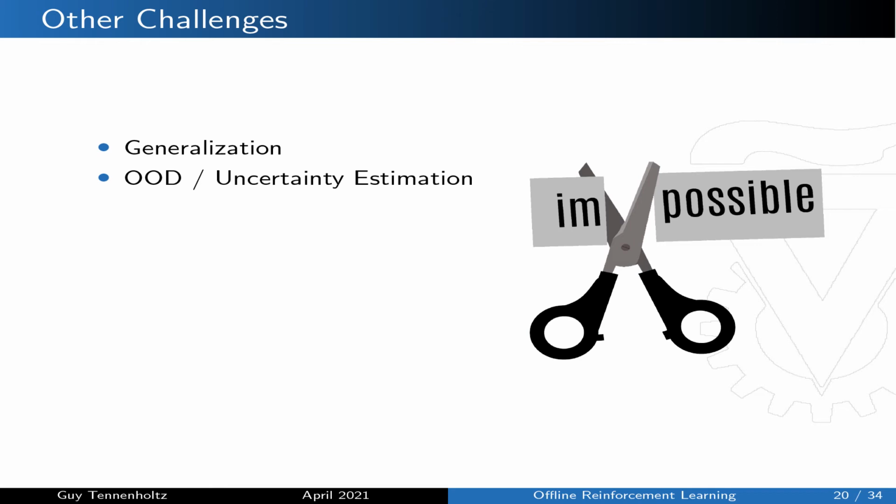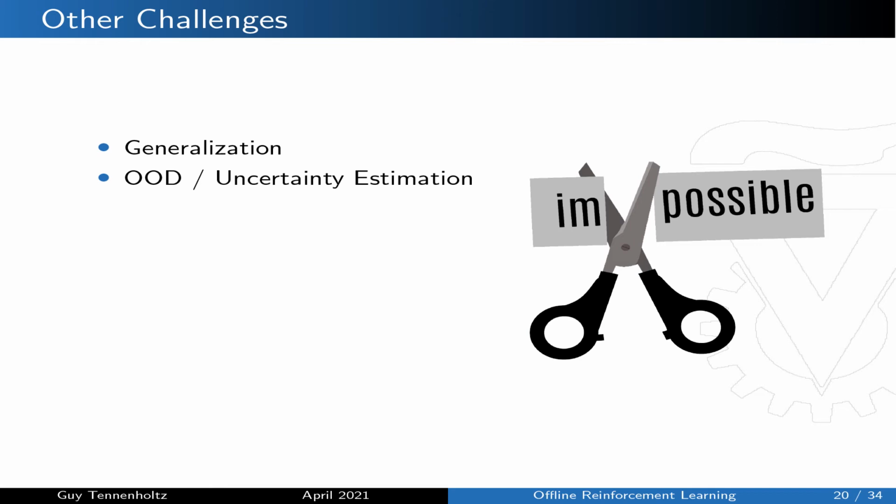Sometimes, as you will see further on, estimating uncertainty means being able to know where we know a good model of the world, or where we are certain about the Q function of the world. And uncertainty estimation becomes the problem of offline RL in these scenarios, right? The whole problem of offline RL reduces to being able to estimate uncertainty.